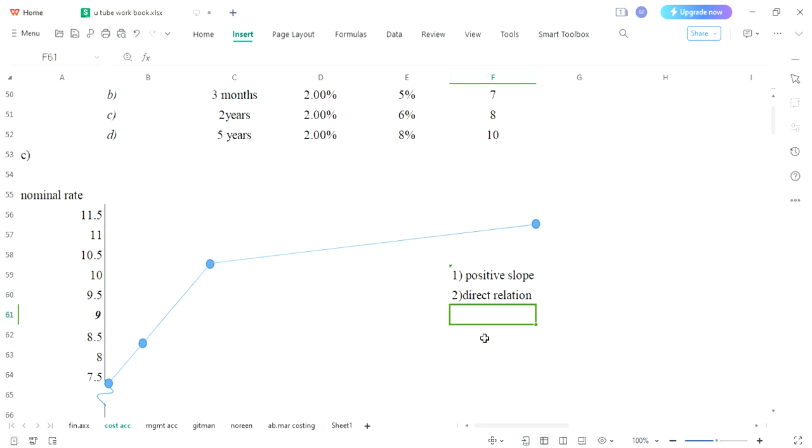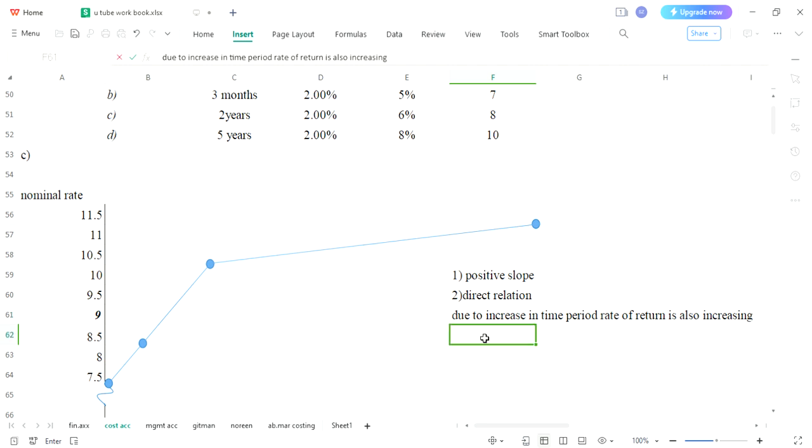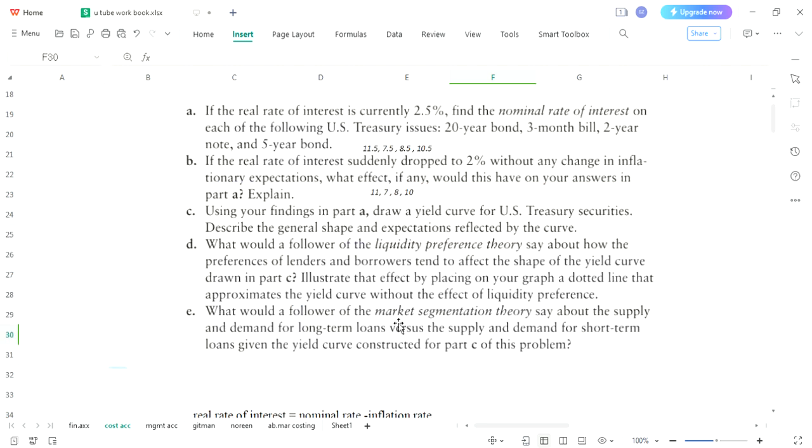And what does that mean, direct relation? Due to increase in time period, rate of return is also increasing. So this was your requirement in C, where it was asked to draw a yield curve and describe the general shape.